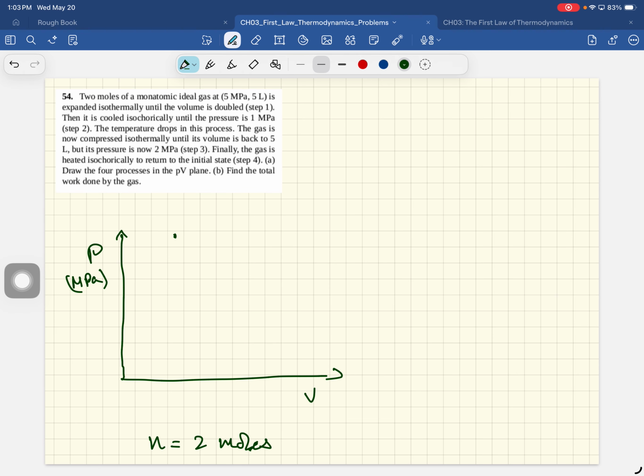Find the total heat added in the process ADC. ADC.